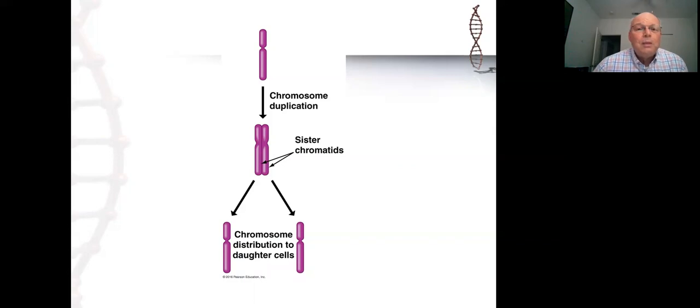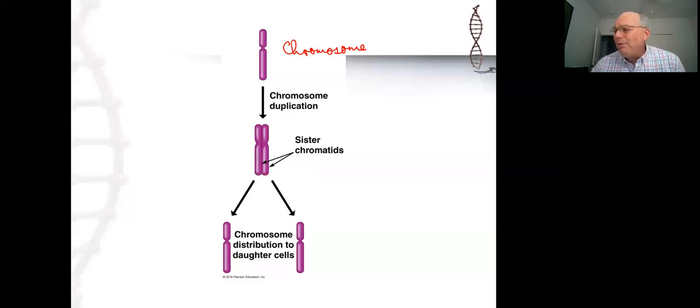So if you can make sense of what this is saying about what happens to the chromosomes, it will really help you understand what's going on in cell division. But it also reinforces the fact that we really do use the term chromosomes somewhat loosely. So this is a chromosome. We never actually see it in this form because remember, prior to cell division, it's in its chromatin form. It's not in its condensed form.